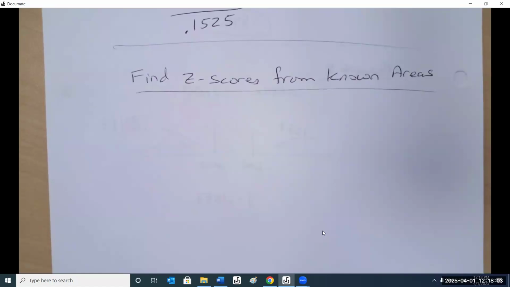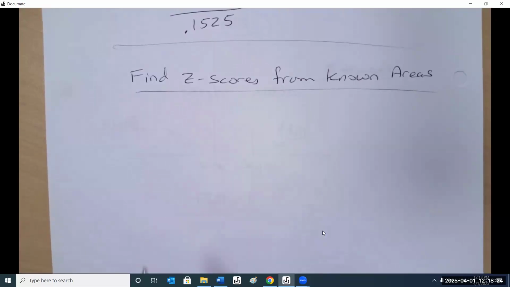We're working backwards now. I'm going to give you the number inside the chart. You tell me what z-score corresponds to it. Because once we show you the formula that we'll be using for the z-scores, we can find exactly what value of X we're looking for, or what the mean is, or anything like that, once we have all the rest of the data.